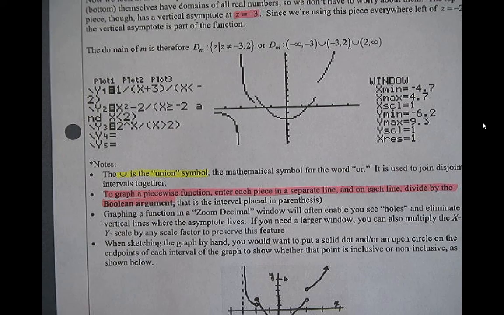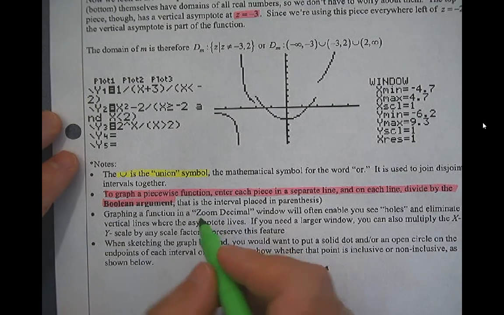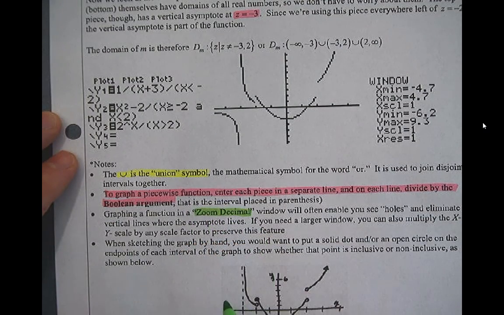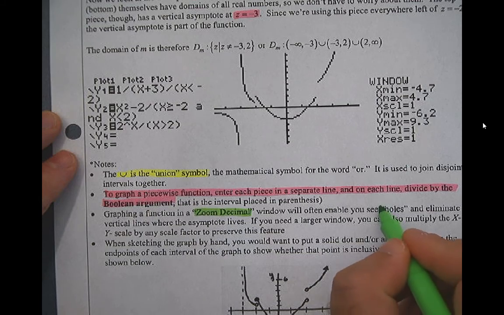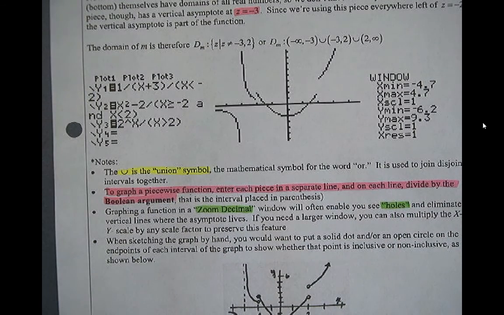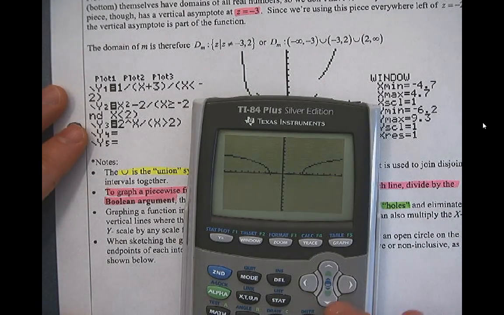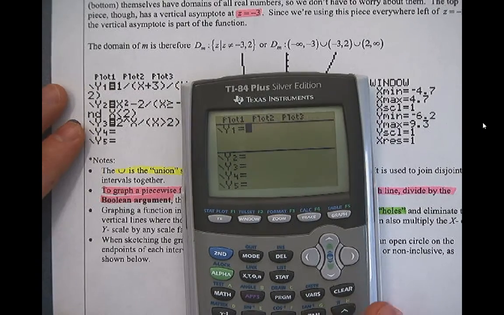And then a nice trick is the zoom decimal. I just found out about this one. When you hit zoom decimal, you can actually see holes in your function. I want to show you this one because I think it's so interesting. So I'm going to graph a curve. Let's make it something that definitely has a hole in it.